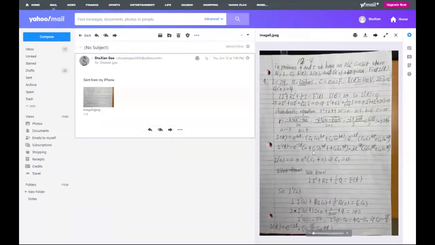We know C1 is 0, so I get C2 is negative 25 over 2. So the current function is e to the power negative 3t multiplied by negative 25 over 2 sine 4t. That's the solution.